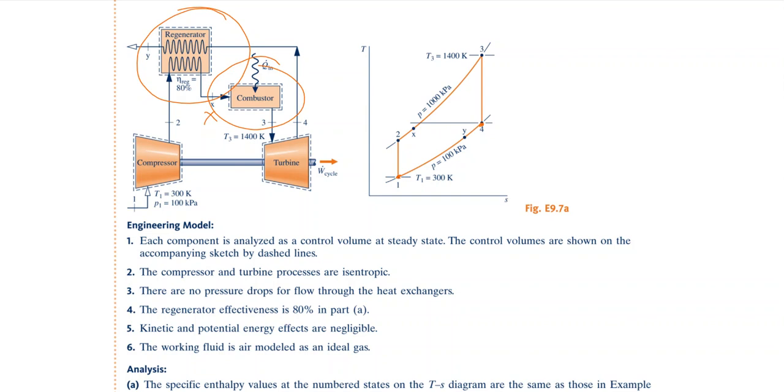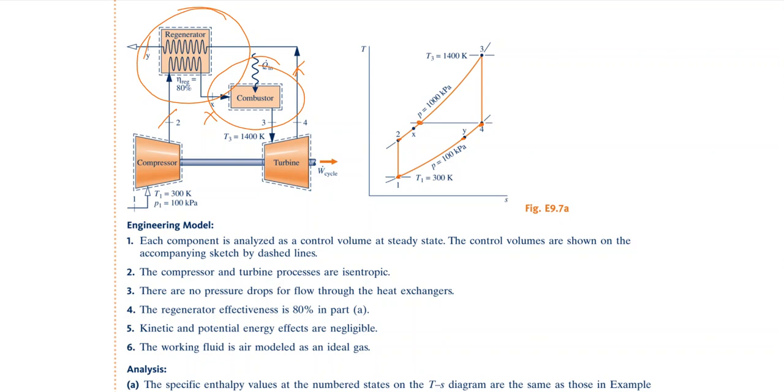The heat is transferred from 4 to Y, which is the outlet condition somewhere here, and this heat is gained by the air passing through the regenerator from 2 to X.